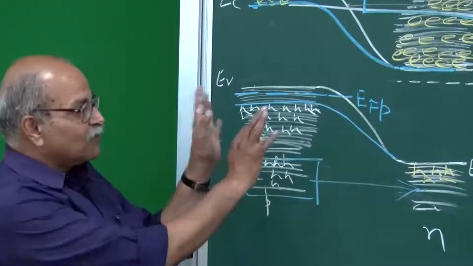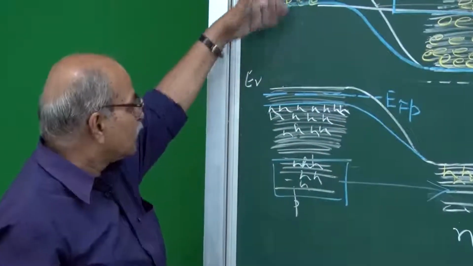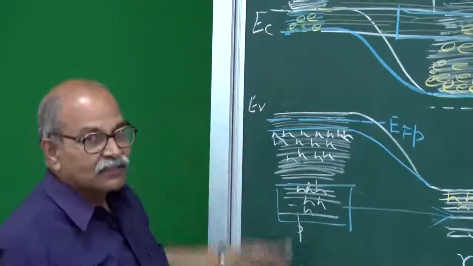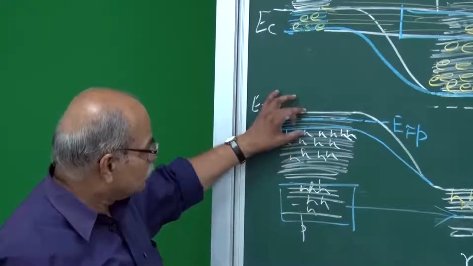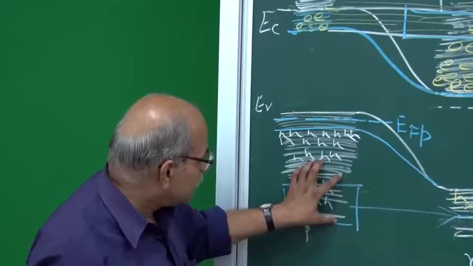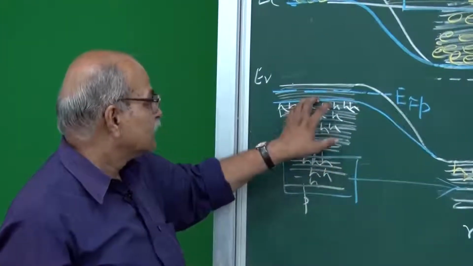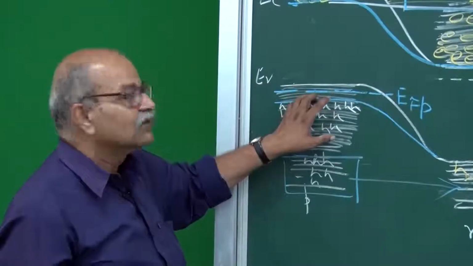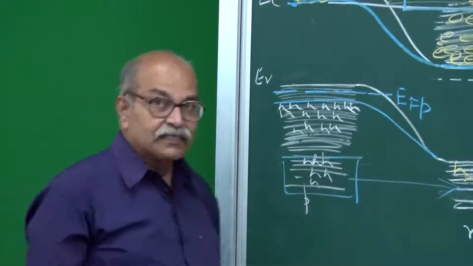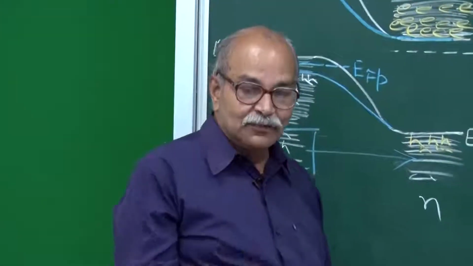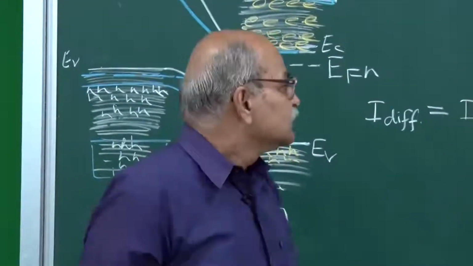So for small voltages, and generally the voltages are small, not as large as 1.12 eV or so, you are only concerned with this area, and here the holes will come independently of whether EV is here or here. So the message is that the drift current is not going to change significantly because of this forward biasing.